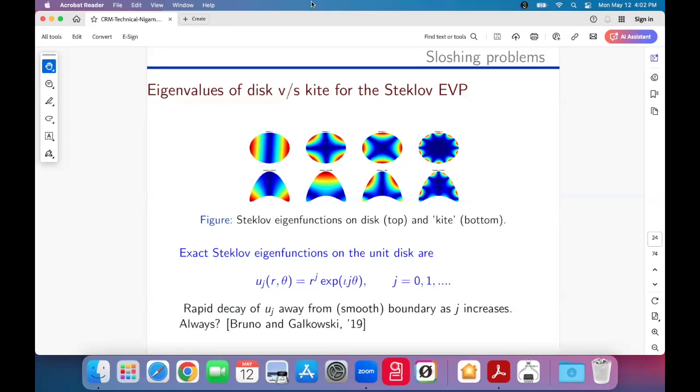As the wave number increases, or as the spectral parameter increases, the eigenfunctions, at least in these examples, seem to concentrate near the boundary. So if you were doing something volumetric, you'd be trying to compute features that live very close to the boundary, and in the middle, they're exponentially small. That's really hard using a finite element.